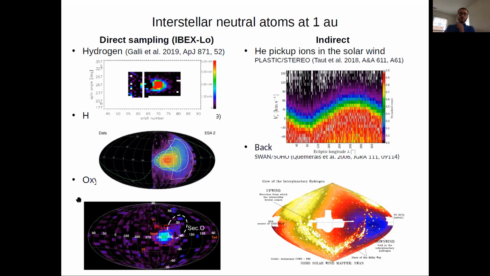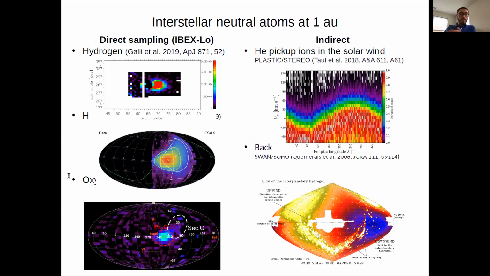Here are examples of these observations from IBEX-Lo. So it is possible to observe them directly, but except for helium, where we have relatively high statistics and can tell a lot about them, for other particles the statistics are much lower, and it's hard to get.